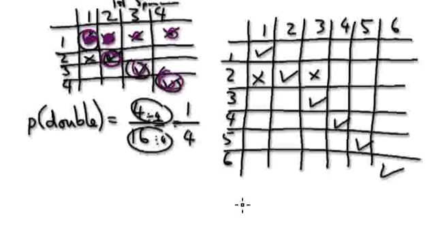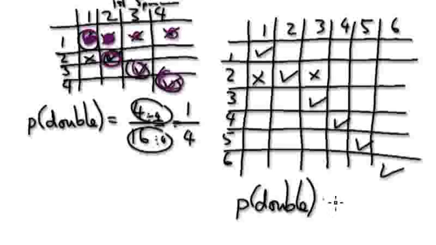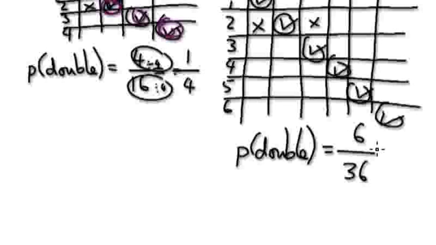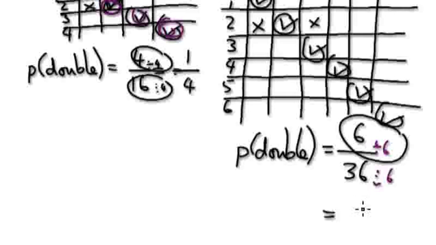So probability of double with option 2 equals, well, 6 good outcomes for us out of the possible 36. So now you can divide top and bottom by the same number, divided by 6. So this would be 1, and then 36 divided by 6 would be 6.